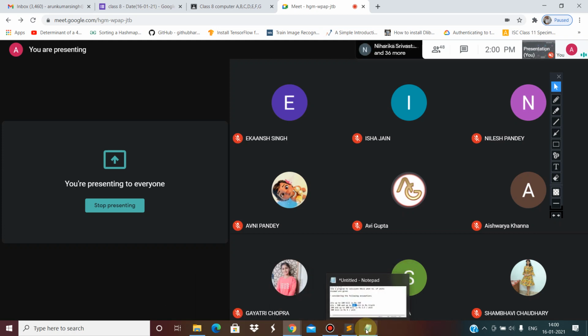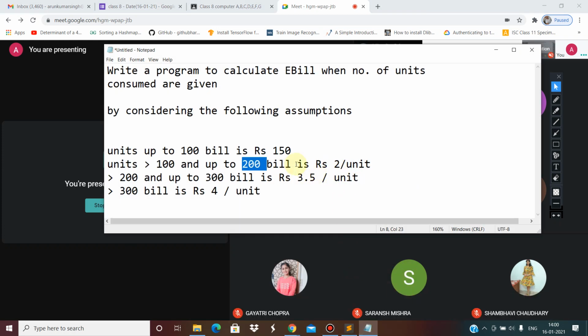One more question I am giving. Program to calculate telephone bill when the number of calls are given, by considering the following assumption.